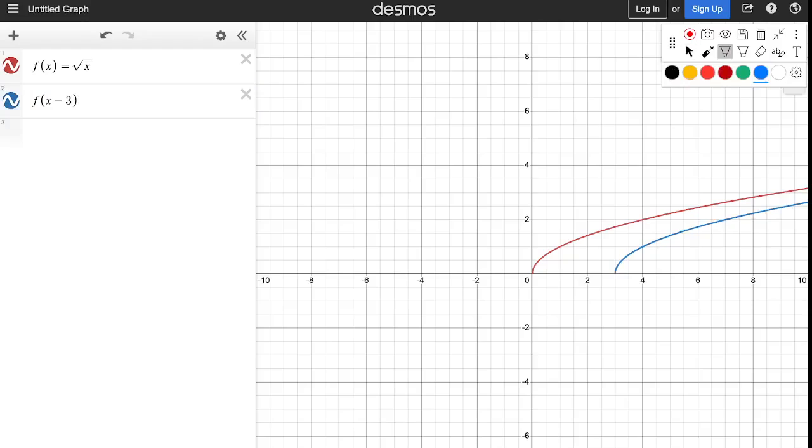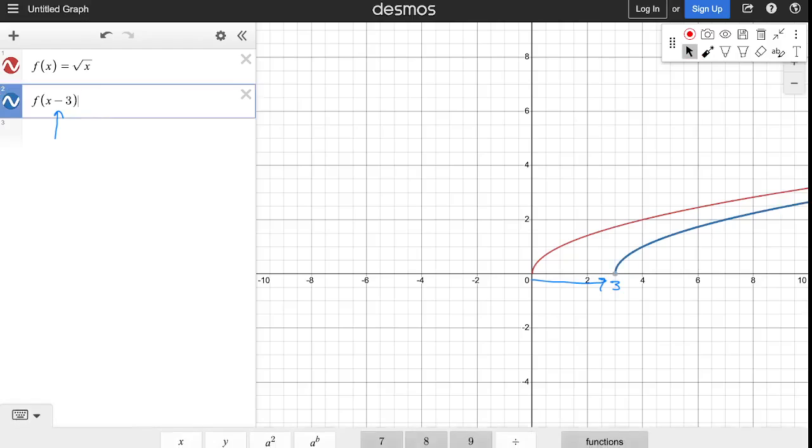And notice it moved it 3 units from 0 to 3 in the positive direction. It moved it to the right. So we subtracted 3, but it made an opposite move. Now if we come back and add 1 to this, we'll solidify everything, and then it moves up 1.